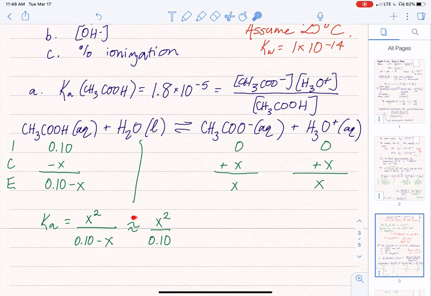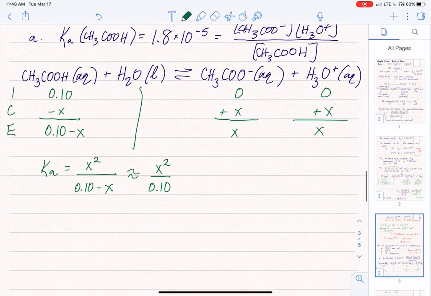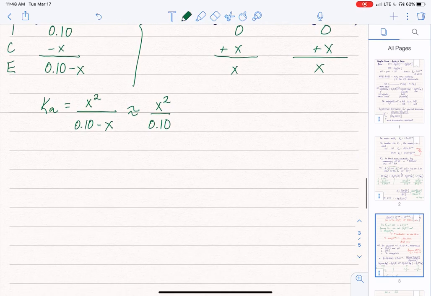You can simplify this and say that x squared over 0.1 minus x is approximately equal to x squared over 0.1. That's awesome, because now I do not have to go through a quadratic to solve for x. So just to reiterate, I assumed that minus x is negligible.